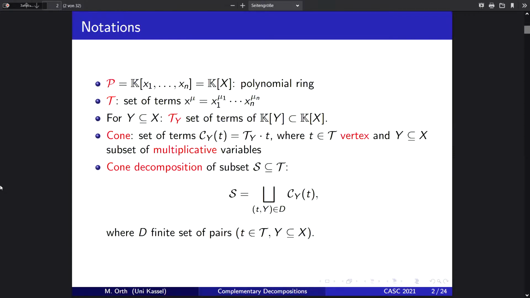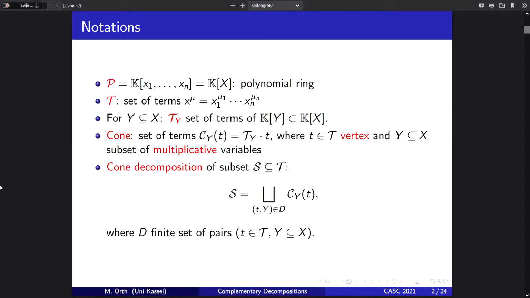Let us first look at some notations which we will use. We will denote the polynomial ring in n variables over the field K by the letter P. And by T, we denote the set of all terms in this polynomial ring, power products of the variables, which we denote shortly by multi-index notation, with a multi-index of exponents mu.